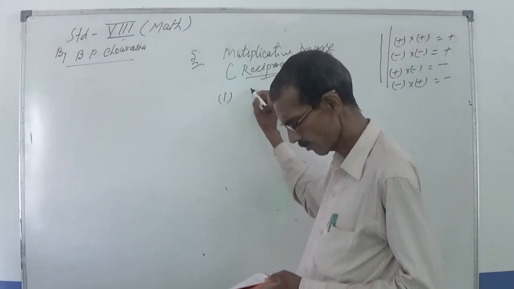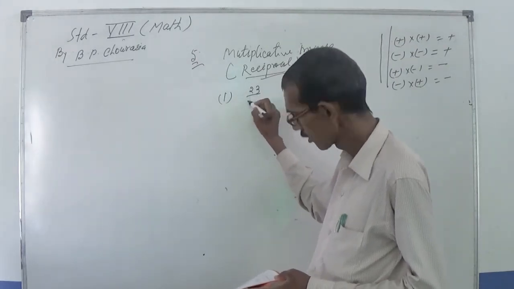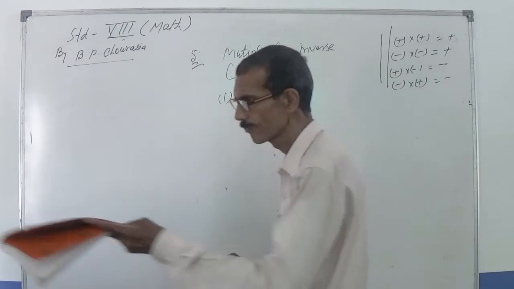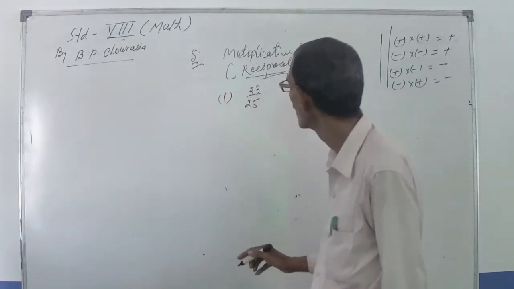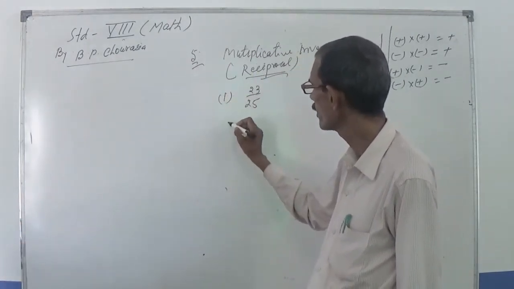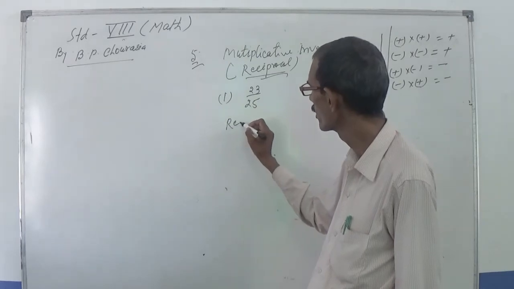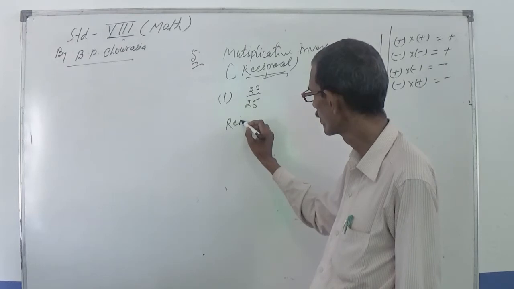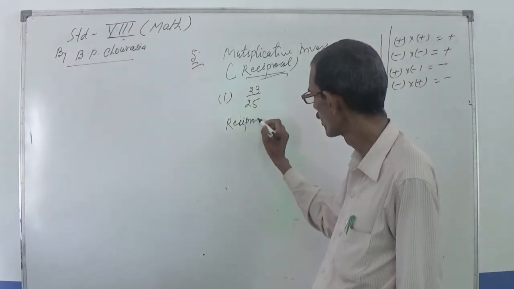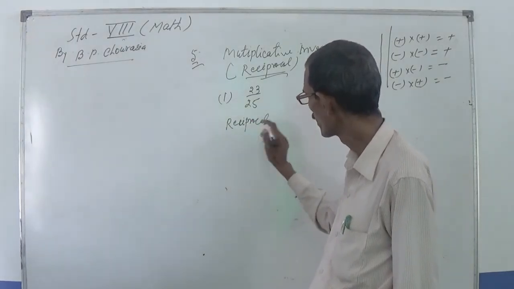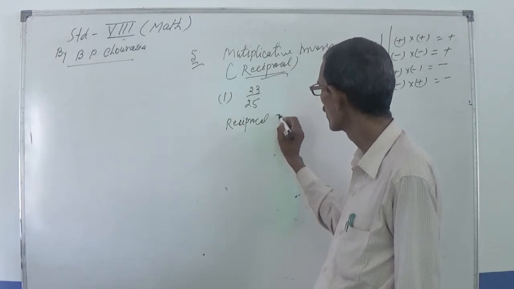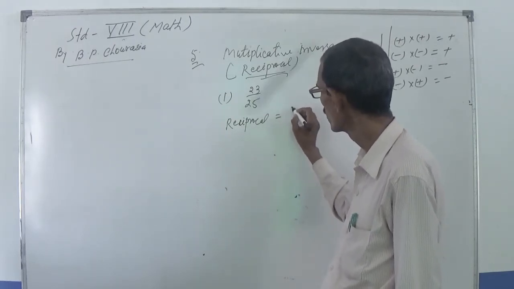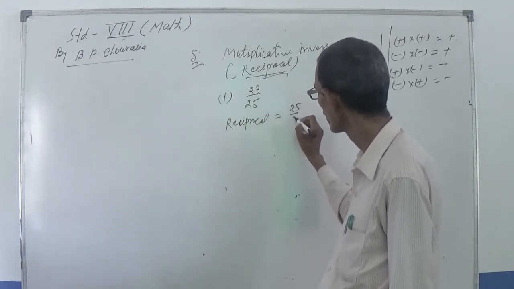Question number first, 13 by 25. Clearly, the reciprocal or multiplicative inverse is 25 by 13.